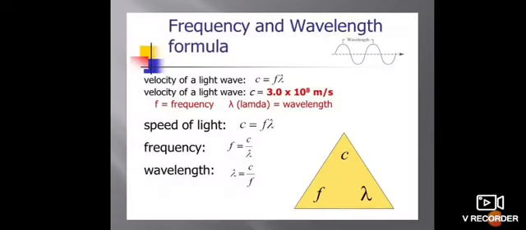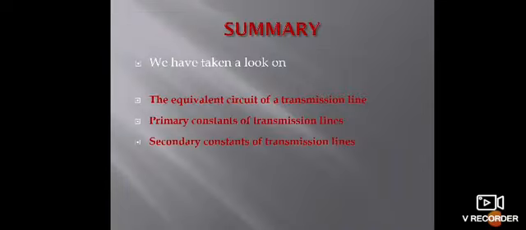These are what we call secondary constants, and along with that we have the wavelength also. Wavelength comes under the secondary constants. This is about the primary constants, secondary constants and equivalent circuit of our transmission line. Okay, thank you.